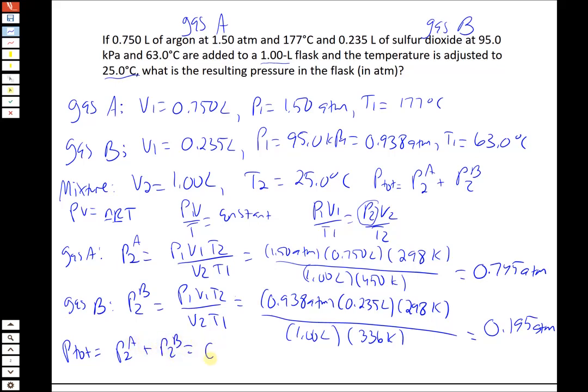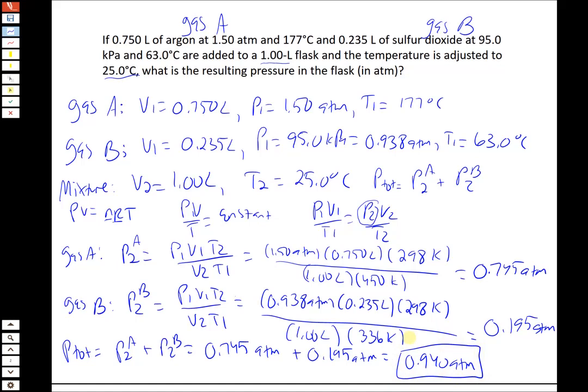So it's going to be 0.745 atmospheres, which is the partial pressure for gas A after mixing, plus 0.195 atmospheres, which is the partial pressure for gas B. And that comes out to 0.940 atmospheres.